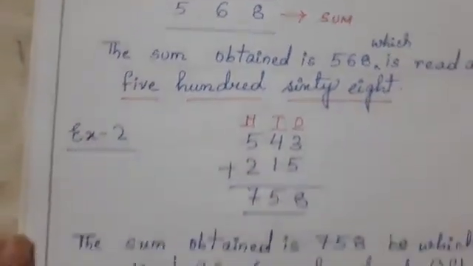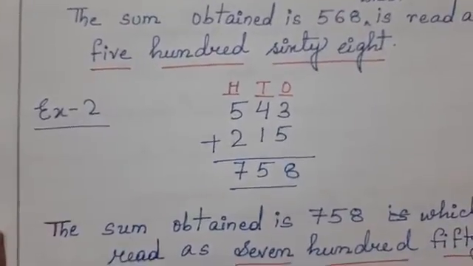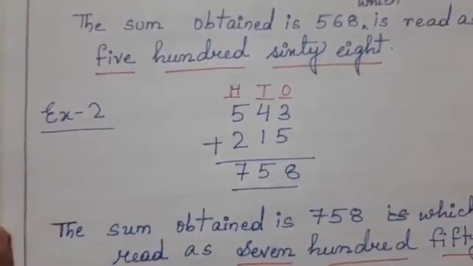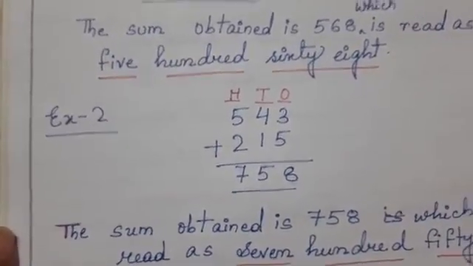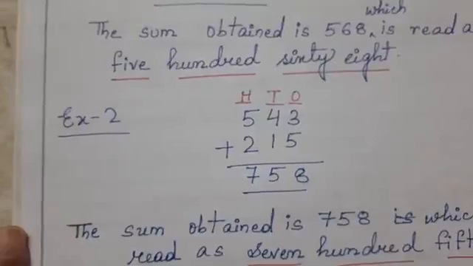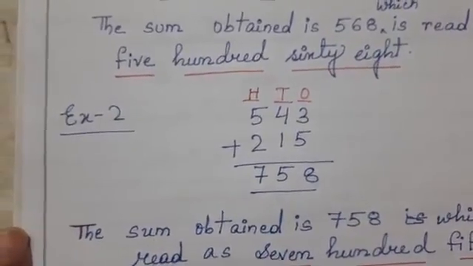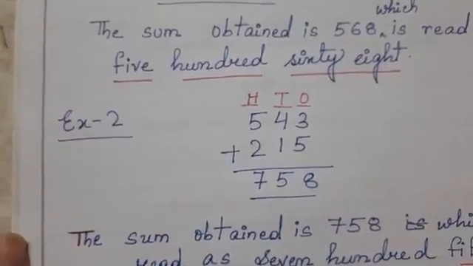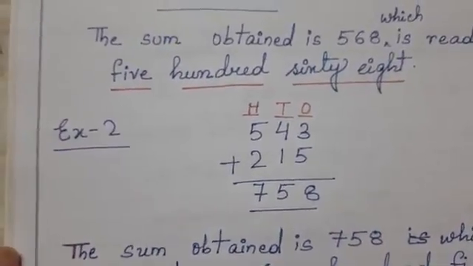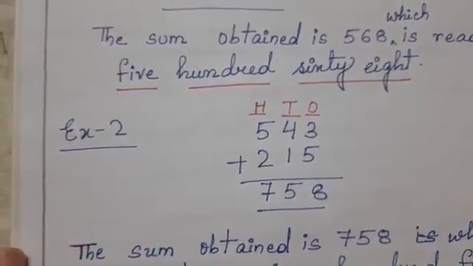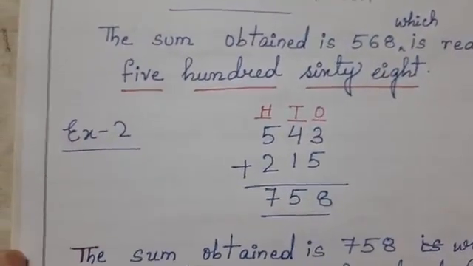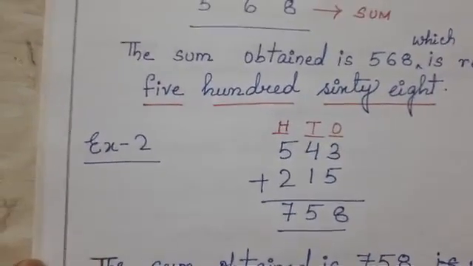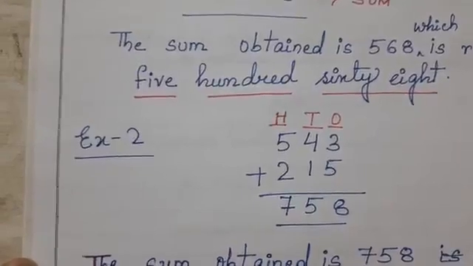The sum obtained is 568, which is read as five hundred sixty-eight. Likewise, we will do the second example. See, 543 plus 215. What have we done? We have added the numbers present in the ones place first, then the numbers present in the tens place, then the numbers present in the hundreds place. 3 and 5 are present in ones place, so we add 3 plus 5 and get 8. 4 and 1 are present in the tens place, so 4 plus 1, we got 5.